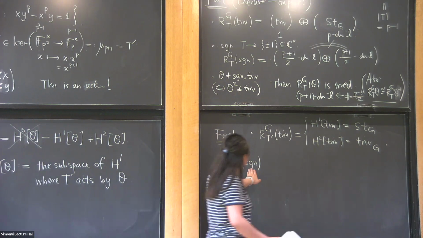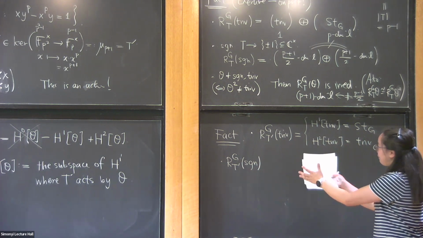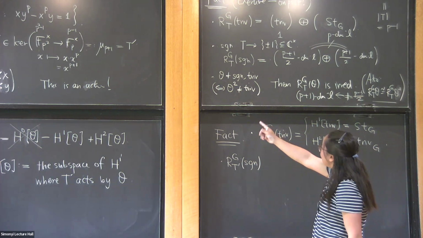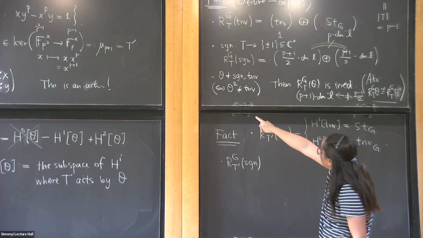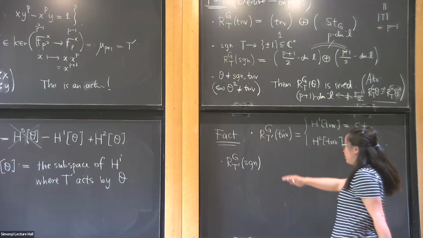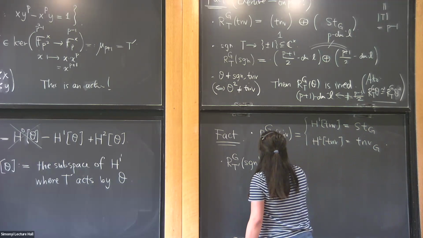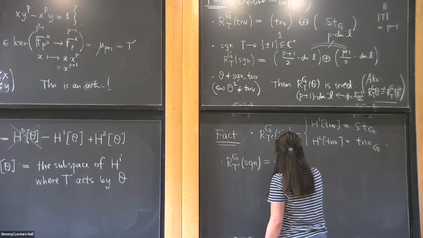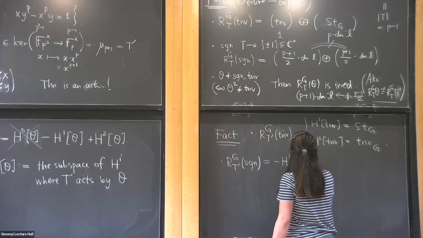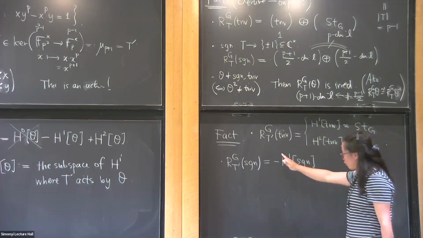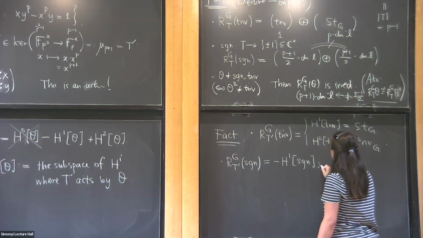So this is a different sign, but it's still the fact that p plus 1 is an even number. There's a unique group homomorphism from this T prime to C star that maps into plus minus 1. That's not the trivial one. So in this case, it turns out everything is inside H1. So actually, this is the same as just minus H1 of sign. So this minus is just a formal minus sign, as I said before.